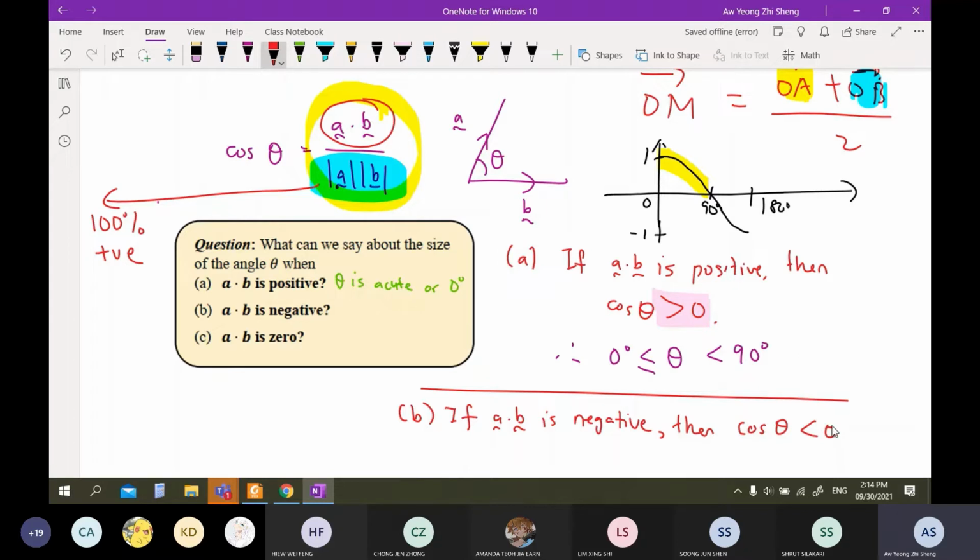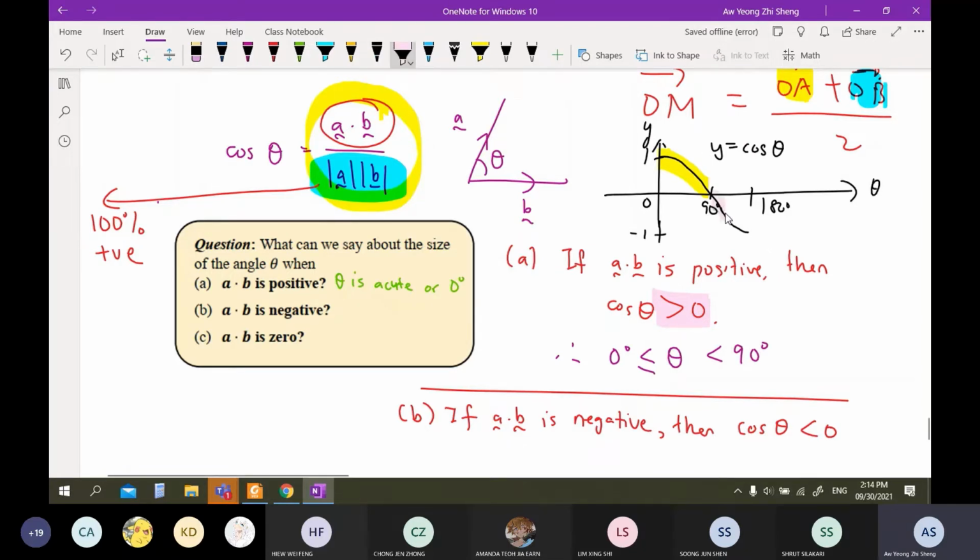Okay, so when cos theta is negative, looking at your cos graph, we are only looking at quadrant 1 and quadrant 2 angles, because the angle between two vectors is always between 0 to 180, you can't have any larger, right? So you only look at the first two quadrants. If your cos theta is negative, the black color diagram is actually y equals cos theta.